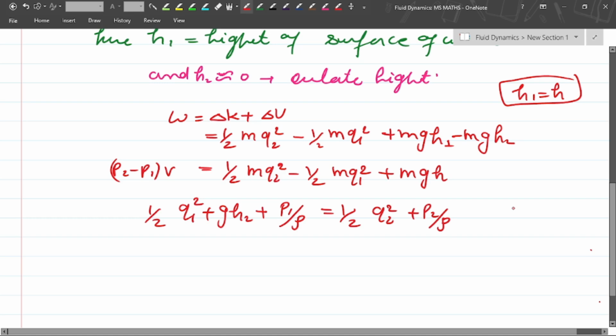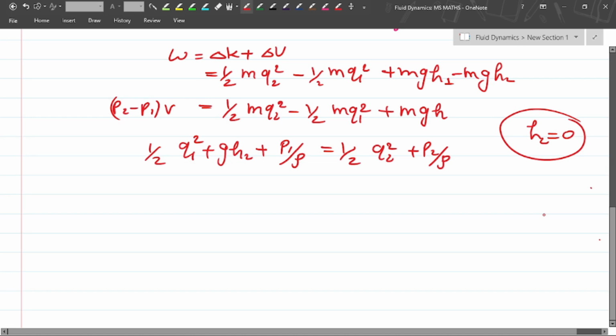The same process, but here h2 is equal to 0. Now m upon v is nothing but the density, so first we divide both sides by v and then separate all the terms in this way. Here h1 is nothing but your h.